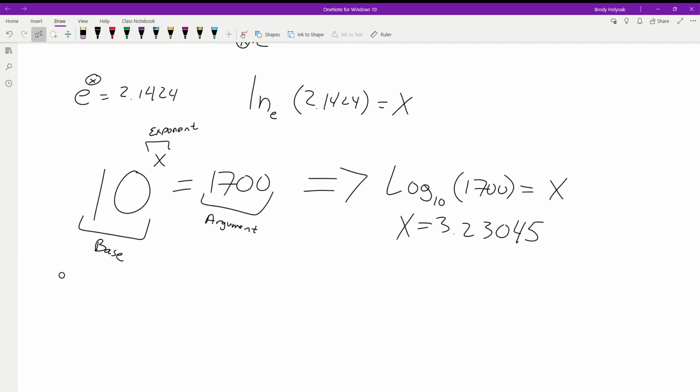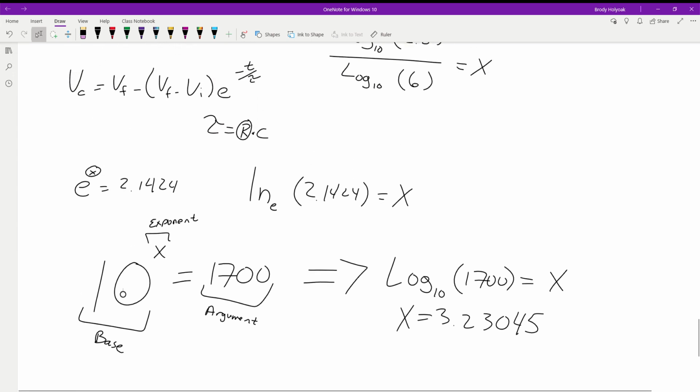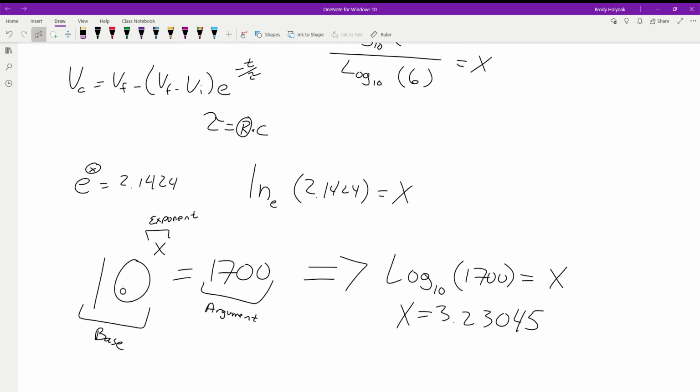So 3.23 times taking 10 gives us the 1700. This is going to come in handy when we're using our instantaneous voltage equation, when we're trying to solve for how much time it is going to take for something to occur. How much resistance do I have to have in this circuit to be able to solve for that?